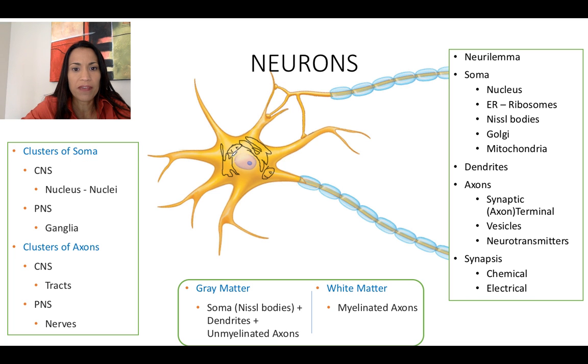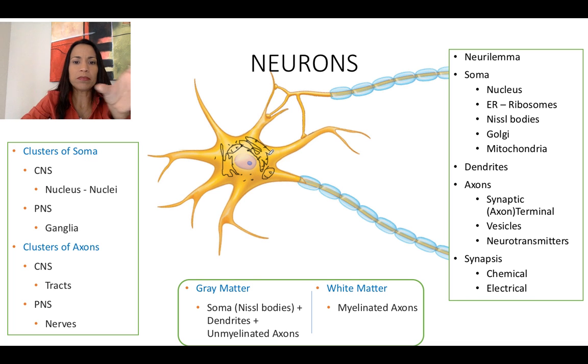Remember, smooth produces fats, and especially in this one, rough endoplasmic reticulum has ribosomes attached. These ribosomes can also be free in the cytoplasm. And of course it also has Golgi apparatus to secrete the vesicles.